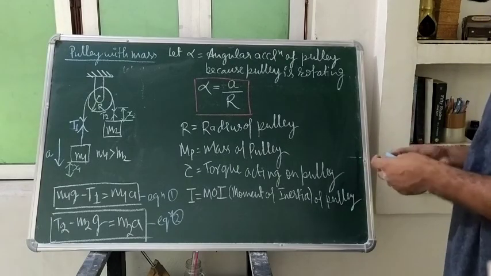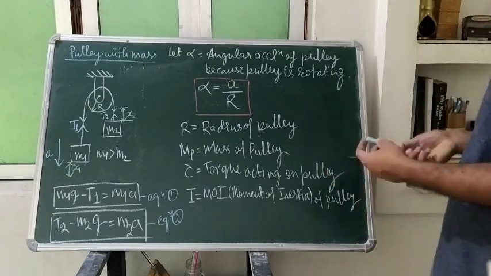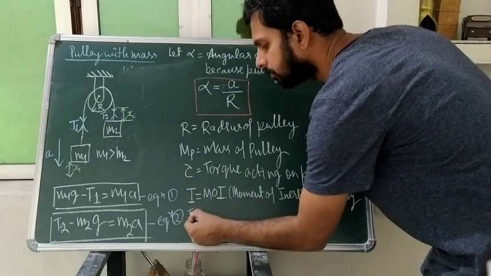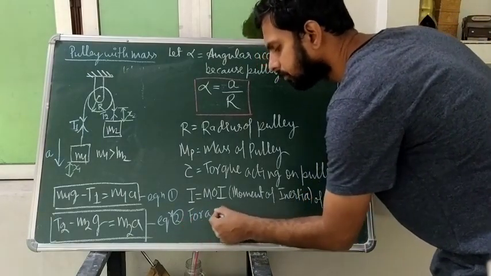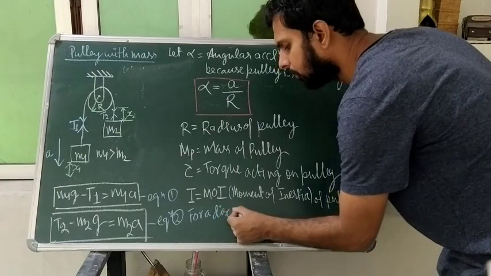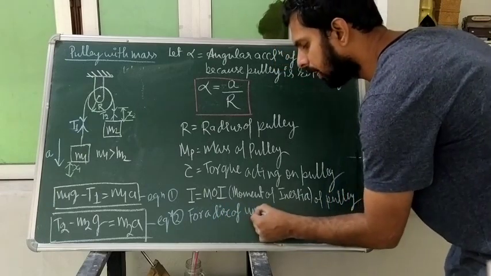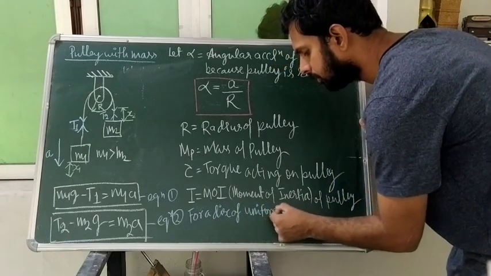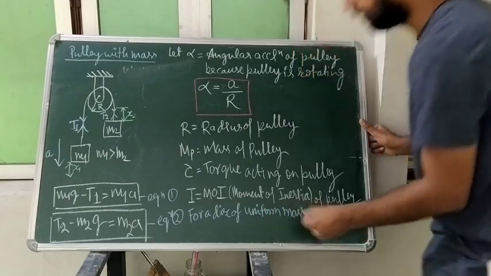This moment of inertia for a disc of uniform mass, and a pulley will be a kind of disc.